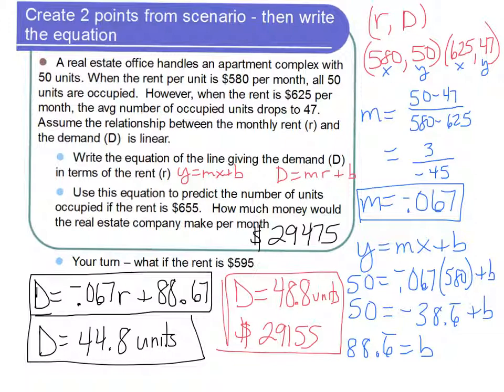All right, this is what I got. When I put $595 into the function for the rent, I got back a demand of 48.8. So I rounded that to 49 and said, all right, I'm going to be able to rent 49 units. Took 49 times $595, came up with this amount that I'm going to make every month.